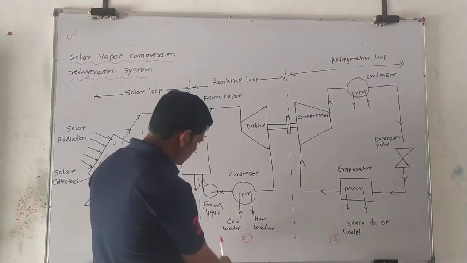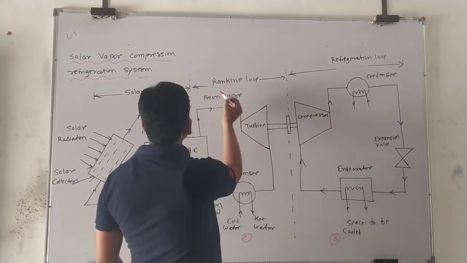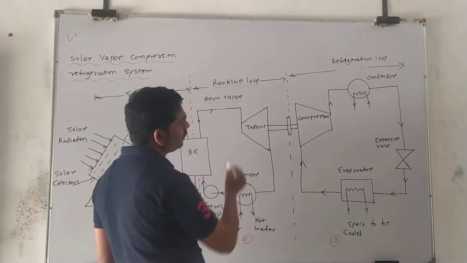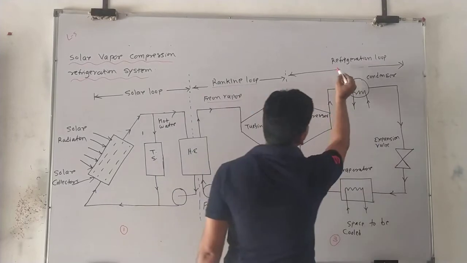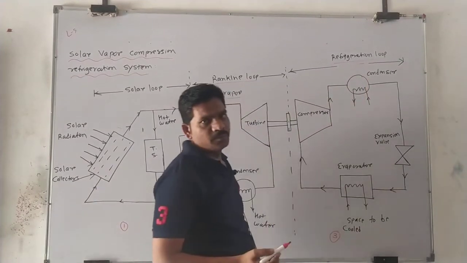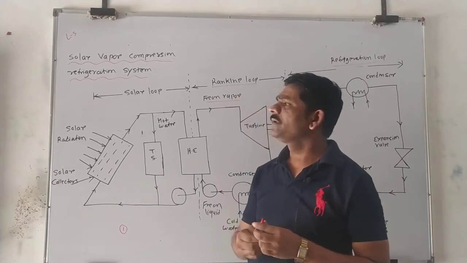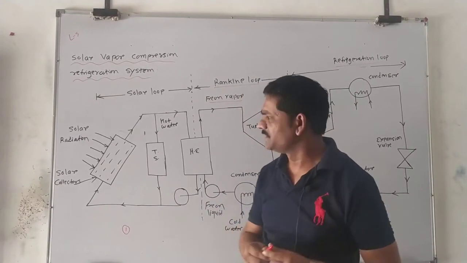The second is the Rankine loop, the Rankine cycle or Freon vapor loop, and the third is the refrigeration loop. So this solar vapor compression refrigeration system consists of 3 loops.